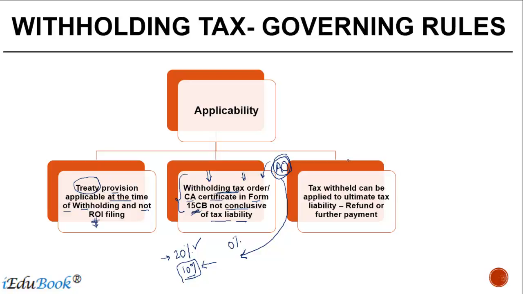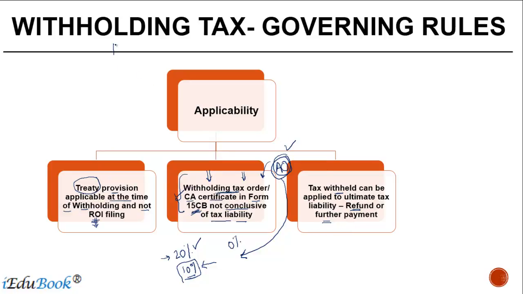And if there is any tax withheld by virtue of this order or the CA certificate, which is more or less than what should be rightfully paid, if there is excess tax which is withheld, the balance will be refunded. If the tax has been paid which is less than what is due, the non-resident will have to make a payment for the further taxes.